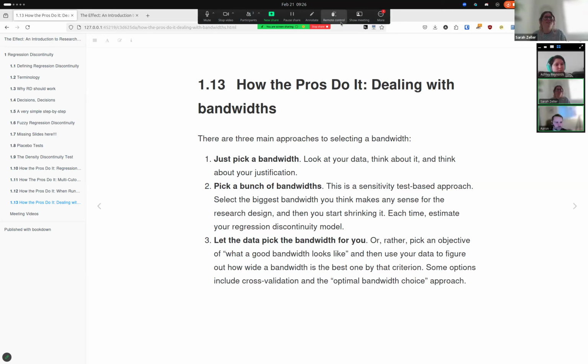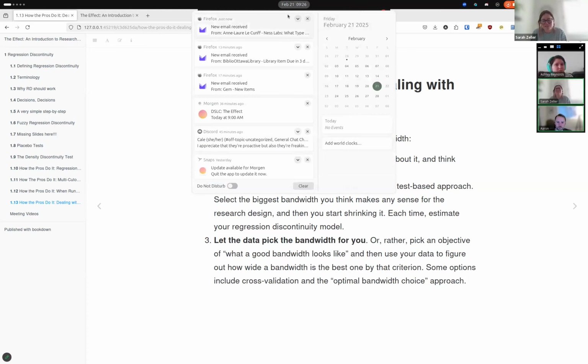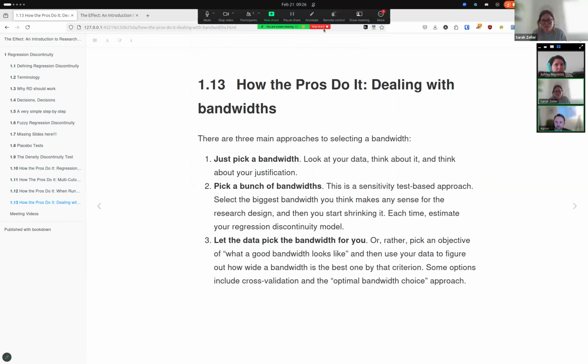If there's a threshold and people can non-randomly select on which side they want to be, then the RDD is off, right? Because you don't have the randomness anymore, but you can actually make a whole thing of it and be like, oh, well, people actually know about this. I think it's called something, I don't know, kink bunching, something like that. That's interesting. Yeah, that's familiar.